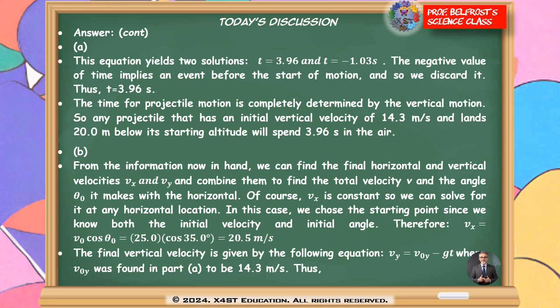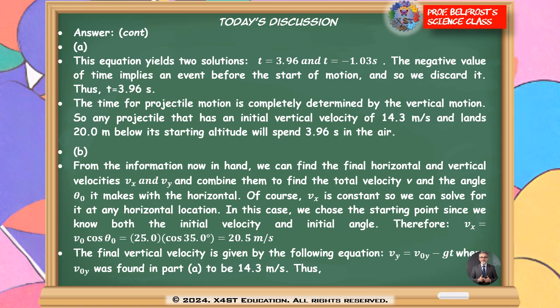For the second question, we first need to find the vx. And vx is constant along the motion. So vx is just v0 times cos theta, which is 25.0 times cos 35 degrees, and it gives us about 20.5 meters per second in three significant figures.